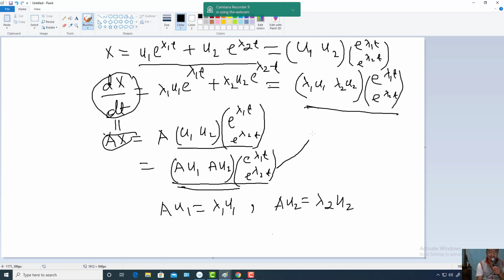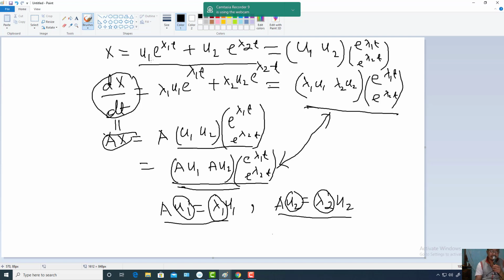Equality of these two gives you these two equations. What do they say? They say that u1 is the eigenvector corresponding to the eigenvalue lambda 1, and similarly u2 is the eigenvector corresponding to the eigenvalue lambda 2. That is exactly how to solve the given differential equation in matrix form. If you know the eigenvalues and eigenvectors, you will get the solution. It is as simple as that.